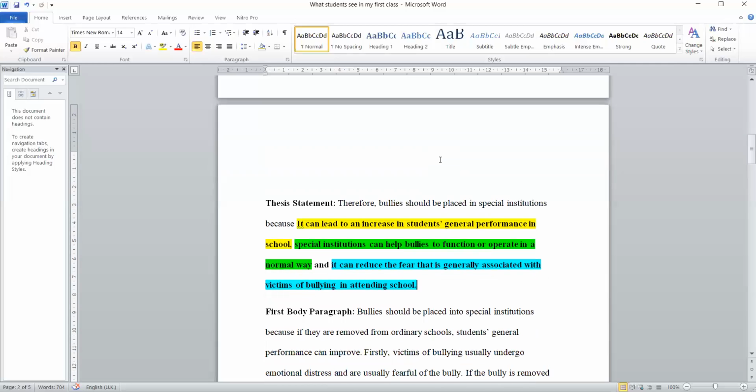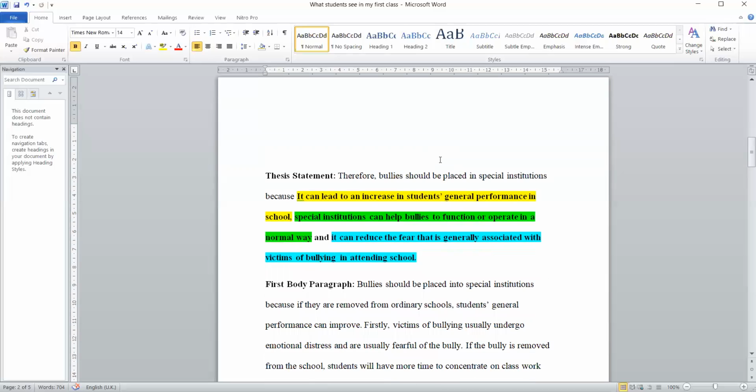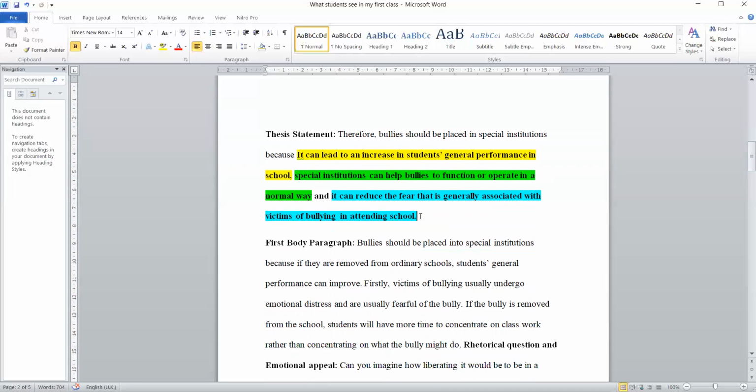All right, I'm going to help you guys. With the body paragraphs, remember that you're basing it off of your thesis statement. Once you have three strong points incorporated in your thesis statement, you use one of them.